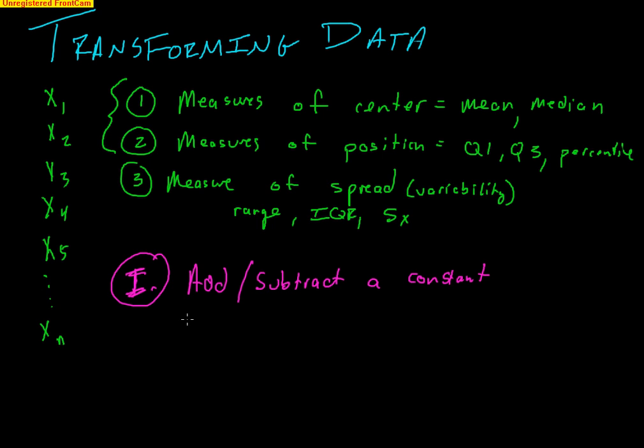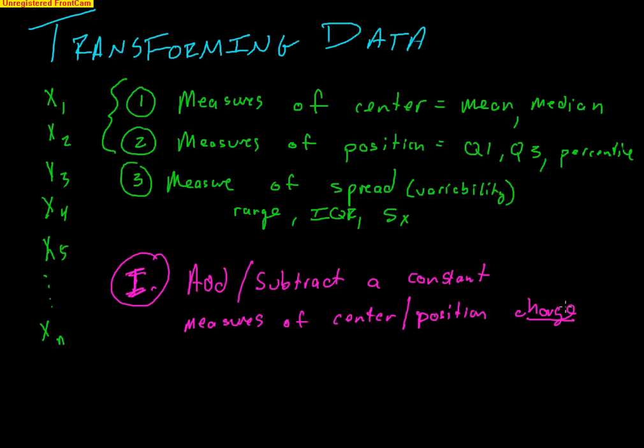Now, if this happens, measures of center and position change. Oh my goodness, I messed that up. How do they change? Well, if I'm going to add 5 to everybody's score, the mean's going to go up 5. It's pretty obvious as to why.